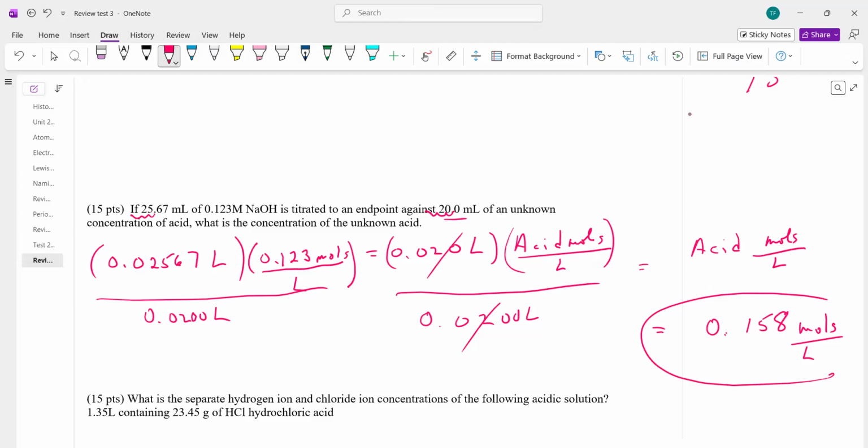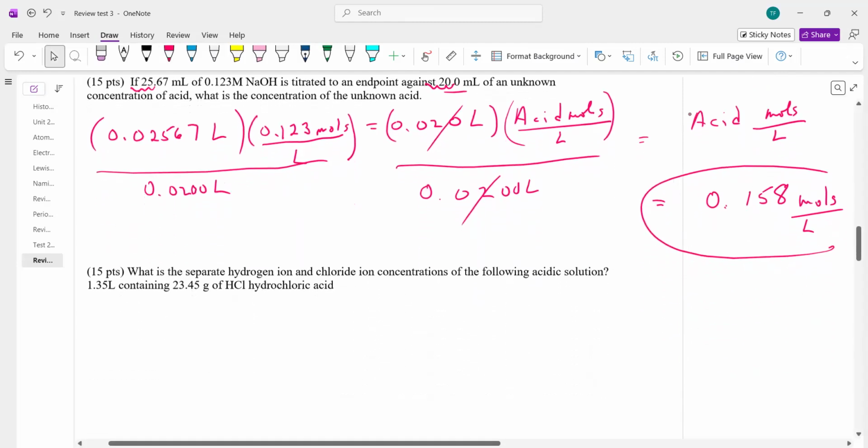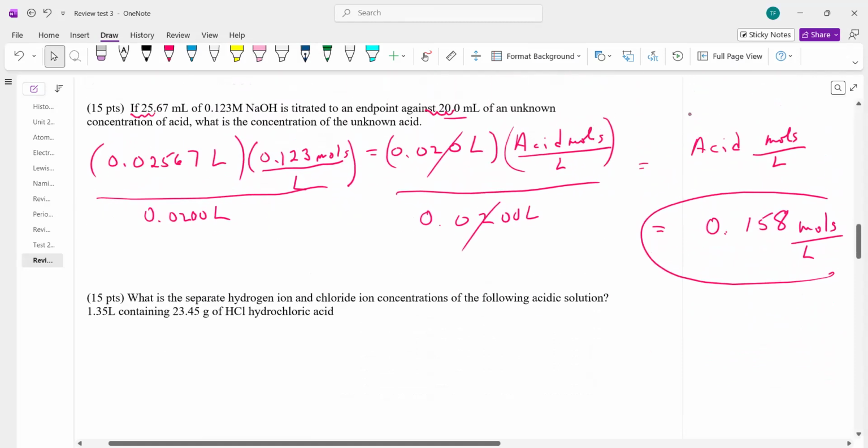Oh, so you simply are dividing. Yeah, you would do the opposite operation. Here you're multiplying, and the opposite of multiplying is dividing. That's why it cancels. Okay, any questions about this?